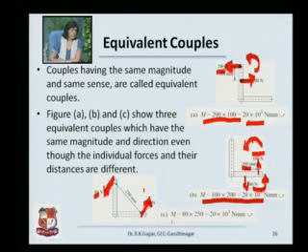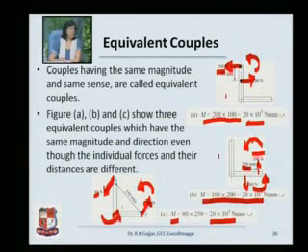Once again, if you look at the moment that this couple causes, it comes to the same value as in case of A and B. So A, B and C, all three are having different magnitudes of the forces, but because they are having the same value of the moment M in each case and the same direction, we can say that all three of them are equivalent couples.